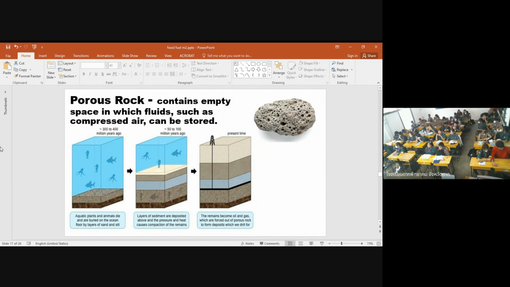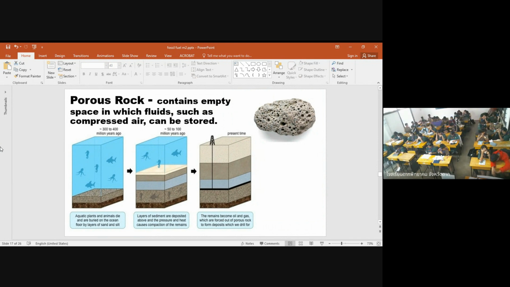So the heat causes compaction of the remains of the dead plants and animals. And then from those remains, in the present time, we have discovered petroleum.